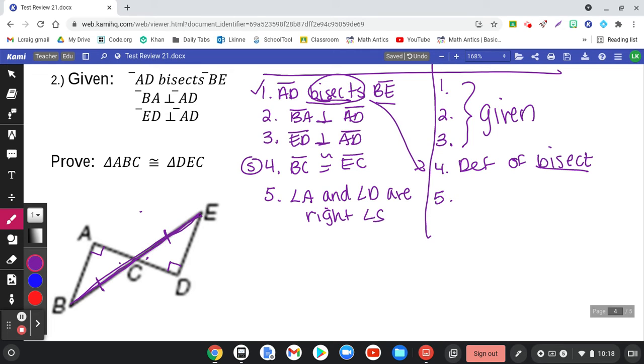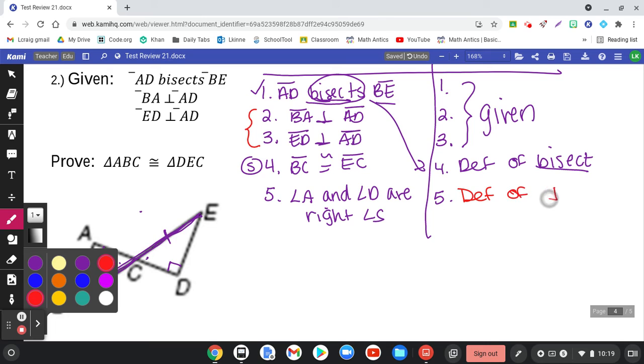What clue up here gave that to us? Right here. If I was given perpendicular, I'm going to say definition of perpendicular. Okay, now since they're both right, we can say angle A is congruent to angle D. And how do we know that? All right angles are congruent.